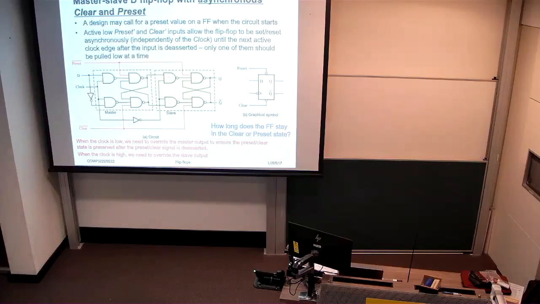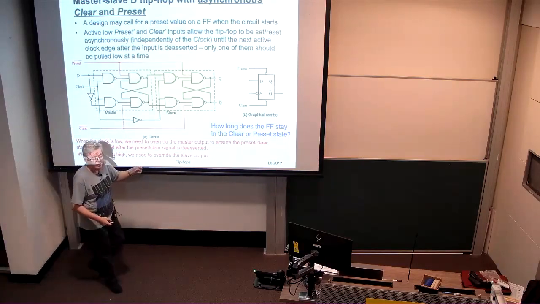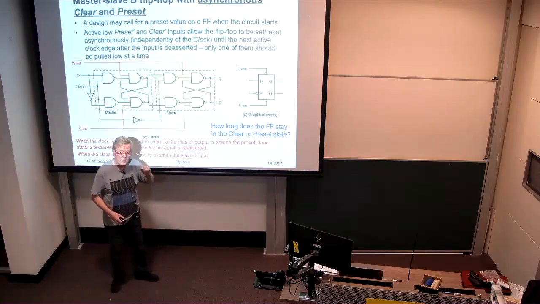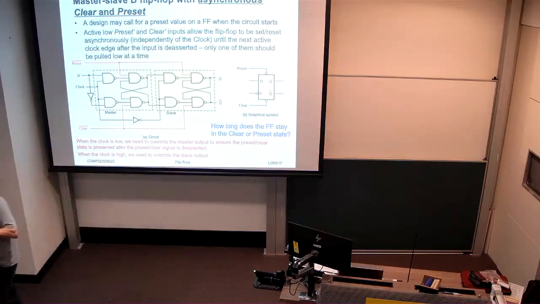So the only issue here really is to determine how long does the flip-flop stay in the clear or preset state once we've preset it or cleared it. Is that obvious to you?